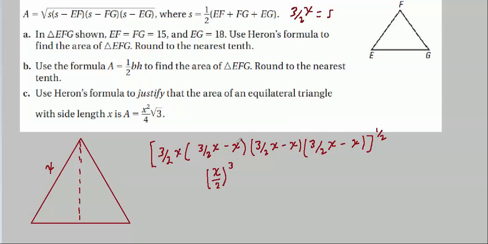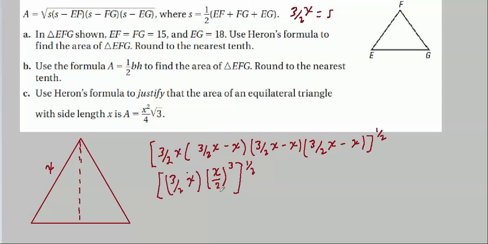And that is, but we have to multiply that by 3/2 x. Okay. Boy, that's bad. Let me try again. 3/2 x. There we go. And remember, we need the square root of this, whatever this turns out to be.